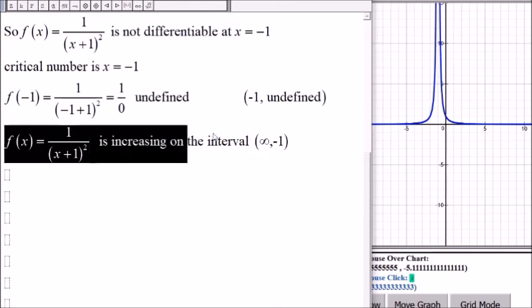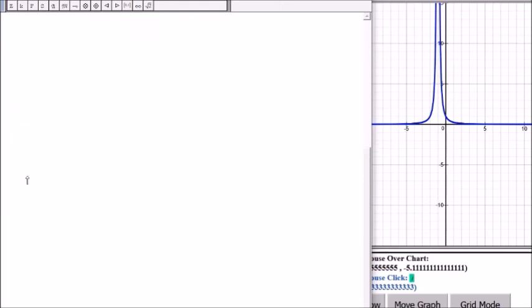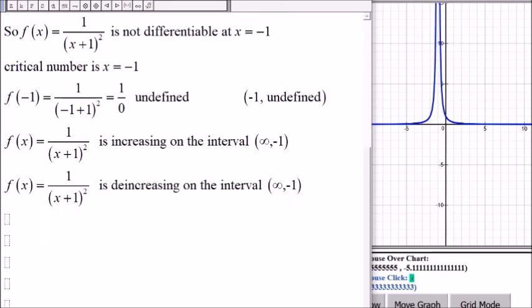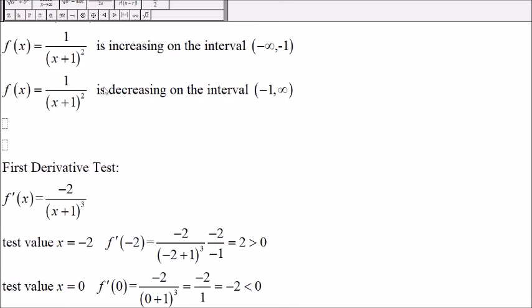And then the function is decreasing, or the graph is going down, on the interval from negative 1 to positive infinity. So from the graph, we notice that the function is increasing on the interval from negative infinity to negative 1, and then decreasing on the interval from negative 1 to infinity.